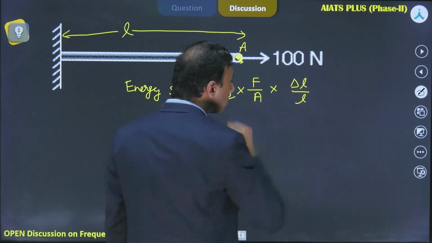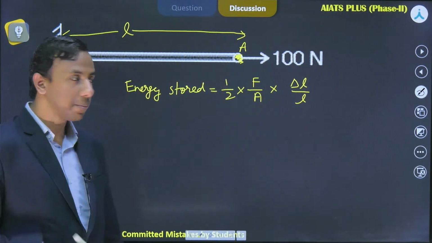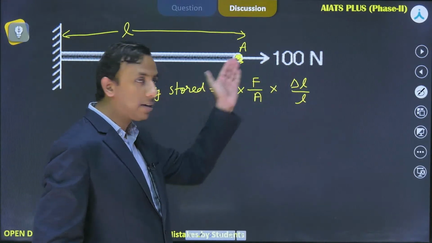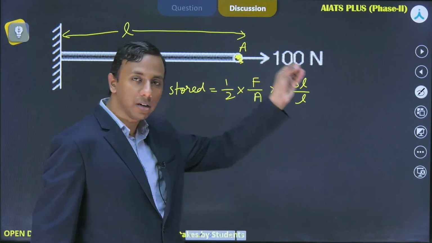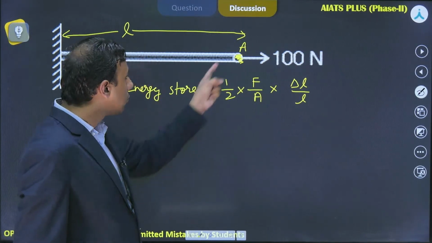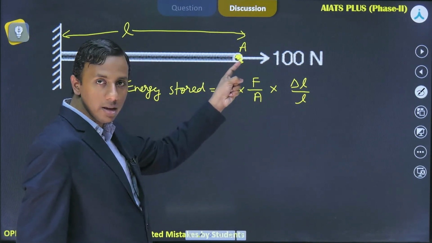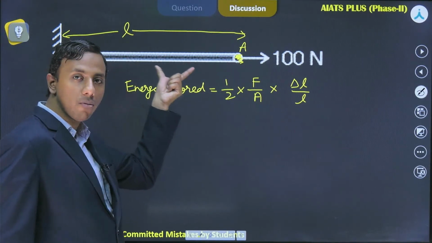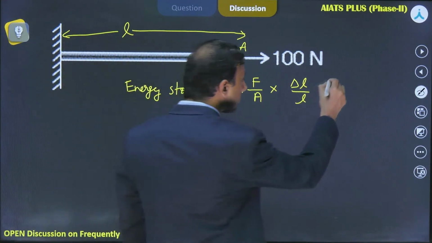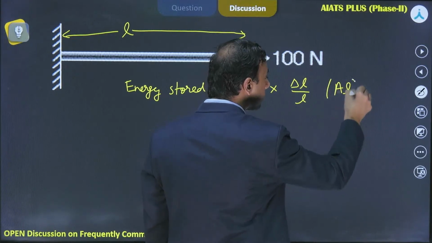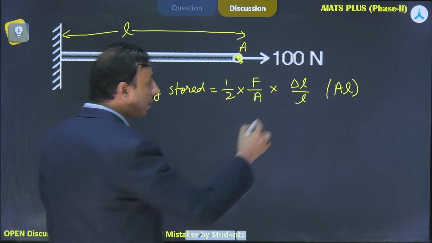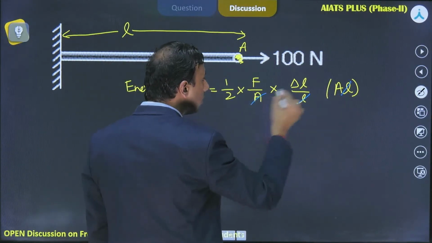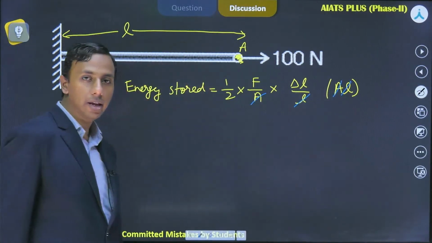Delta L by L. And remember, I just now told you, this is energy density, not energy, which means after finding energy density, you have to multiply it by the volume of the wire. Just now I mentioned this is area A, length L, so the total volume of the wire will be A into L. Then L and L cancel, A and A also cancel out.